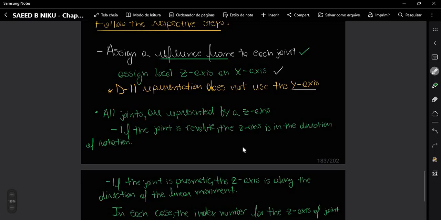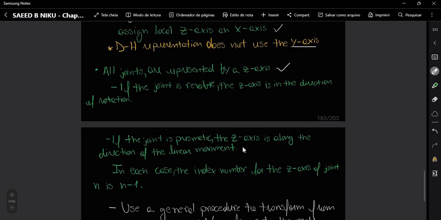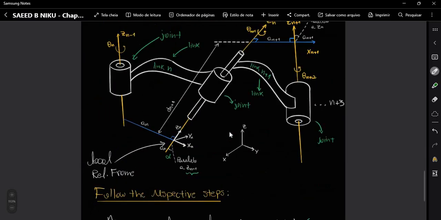All joints are represented by the z-axis. Okay, we got this. If the joint is revolute, the z-axis is in the direction of the rotation.